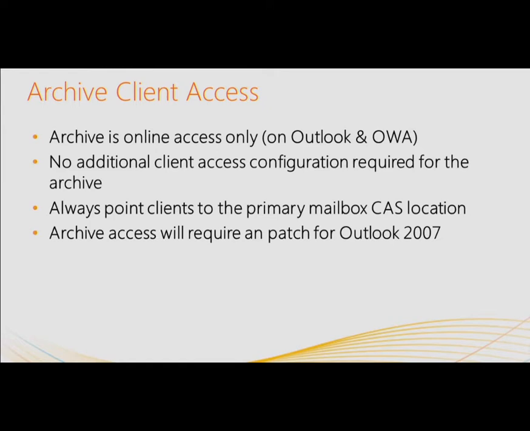Now, the primary access location is going to remain the CAS box of Exchange 2010 on-premise if you're deployed that way, in terms of having an on-premise server. But if you're on the cloud completely, you're simply configuring Outlook, connecting to the cloud, and you're all good.